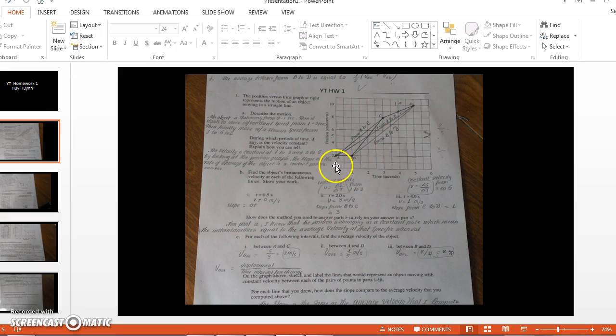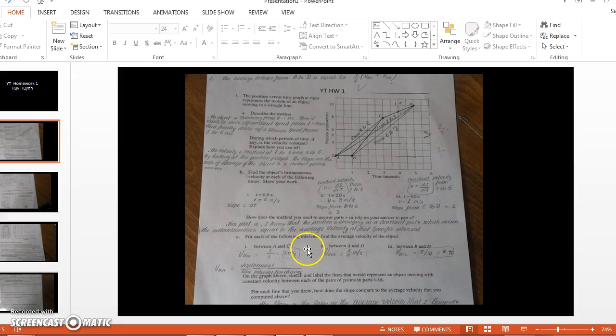So from 0 to 1, the average velocity is going to be equal to 0 during that interval, and also the instantaneous velocity as well, since the object is moving with constant velocity during the interval. Therefore, the instantaneous velocity is equal to the average velocity.